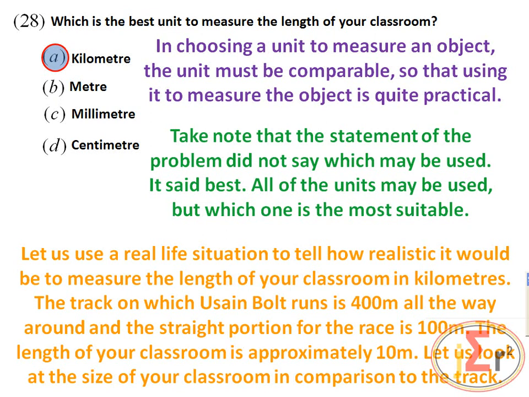So the track that Usain runs on all the way around is how many meters? 400. That's a 400 meter track. And the straight portion that he's always running that fast race in, how long is that straight region? 100 meters. Right. So let us take a look at the track.